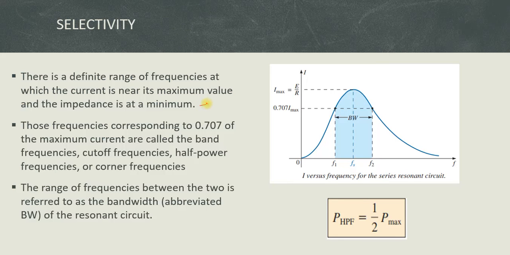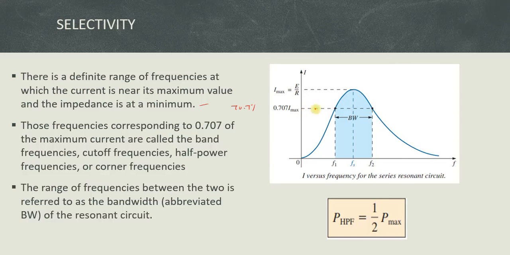Those frequencies corresponding to 0.707 or 70.7% of the maximum current are called the band frequency or cutoff frequency or half power frequency or corner frequency. So this is the maximum current. In order to find out the selectivity, I go for a reference value. That reference value is 70.7% of the maximum current, or 0.707 Imax.